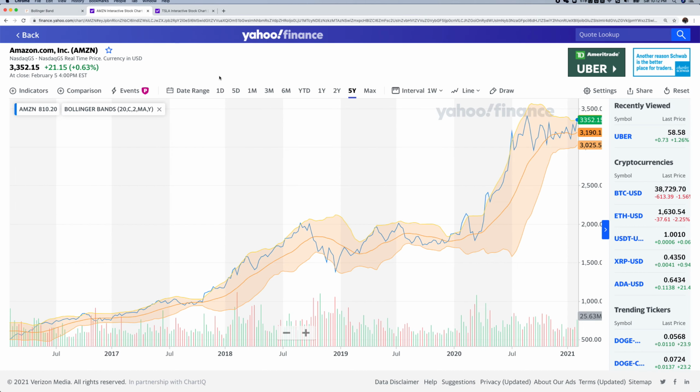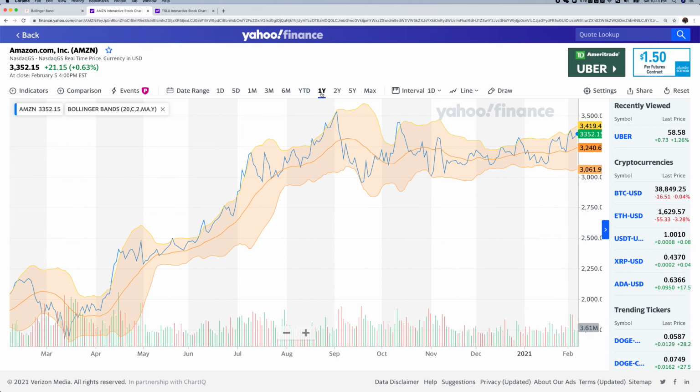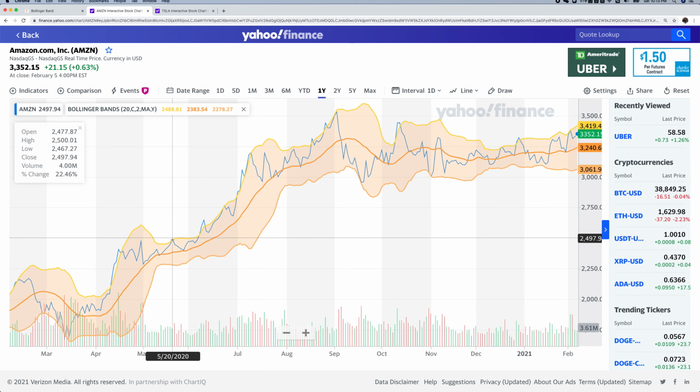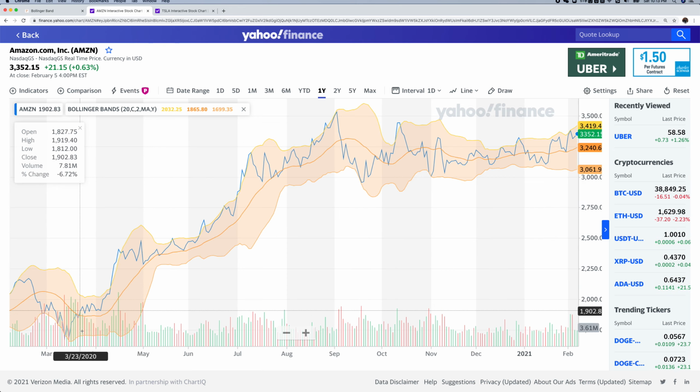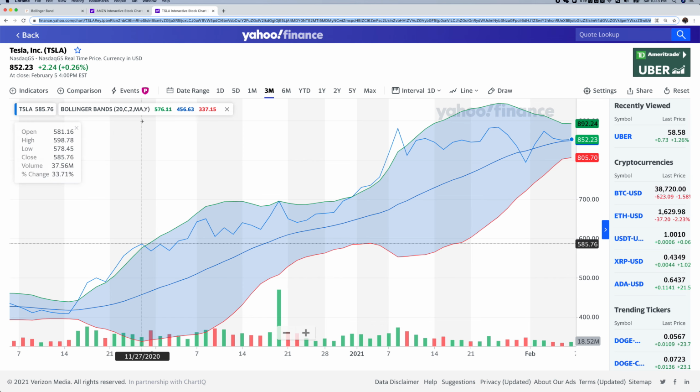So this is Amazon stock price. We have seen this picture before. If we just change the period of time, you can see that every time the stock price touches either the upper band or the lower band, there will be strong resistance to the stock price. Let's also look at another stock, Tesla.